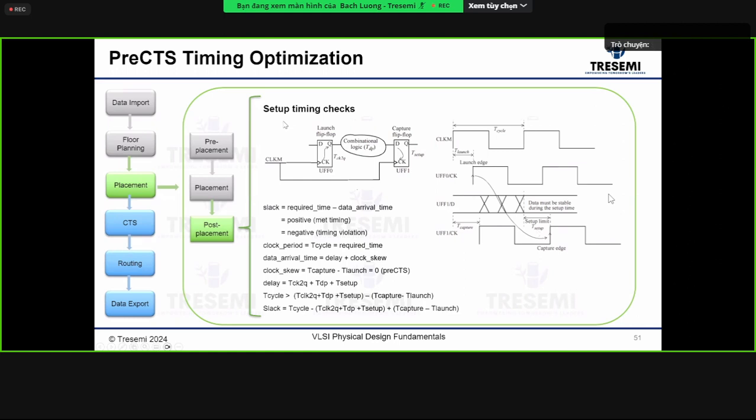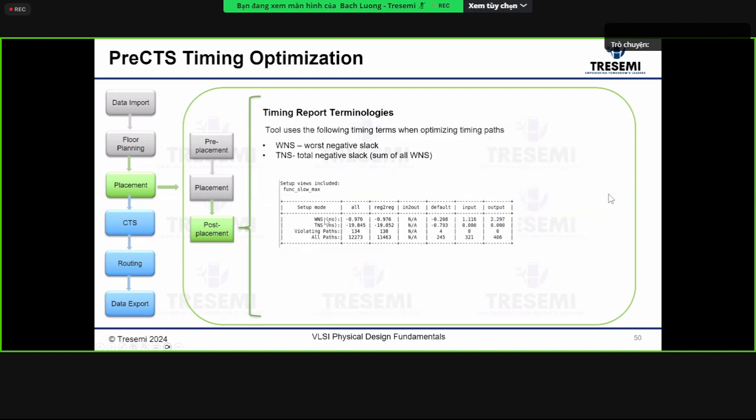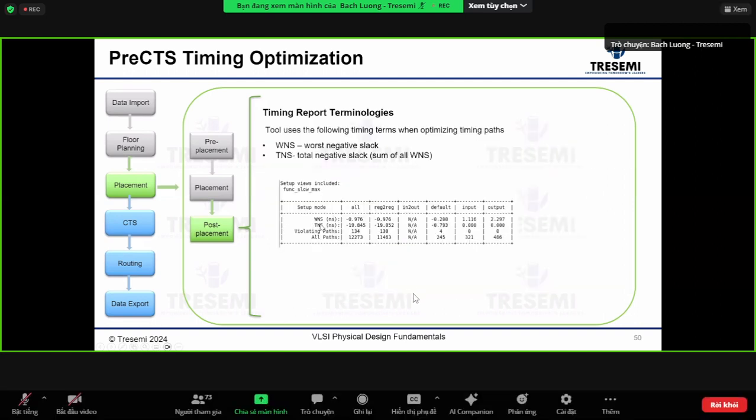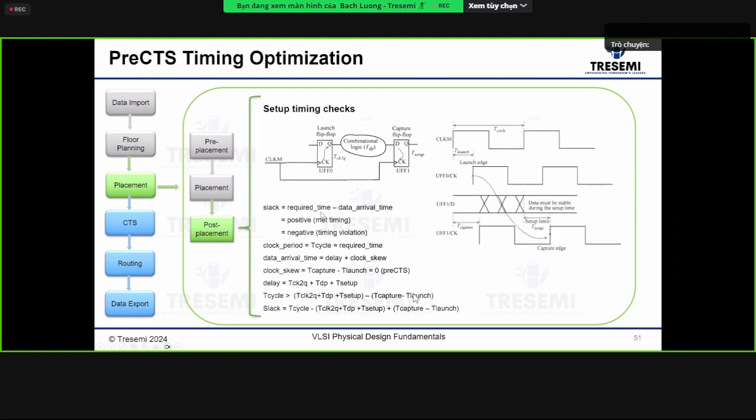But what is a setup timing check? We talked about slack earlier, the WNS and TNS. These are setup slack, worst negative slack and total negative slack. Slack is defined as required time minus the data arrival time. You have a period, which is the T cycle here. In pre-CTS there's no clock latency, the clock is zero, and no skew.